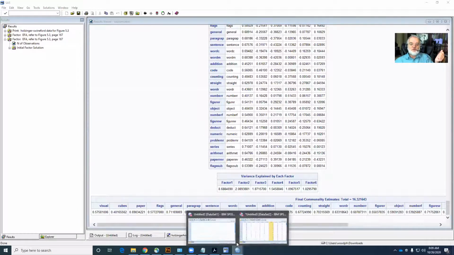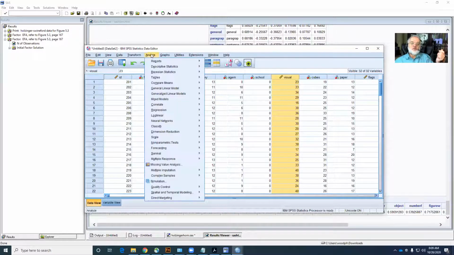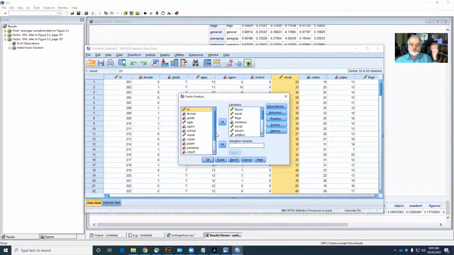Similarly, if we come into SPSS, I can read in my Excel data set as an SPSS data frame, and I can click on Analyze and come down here and select dimension reduction, factor analysis, and I'm in the factor analysis dialog, and I can select the particular variables I would like to have.